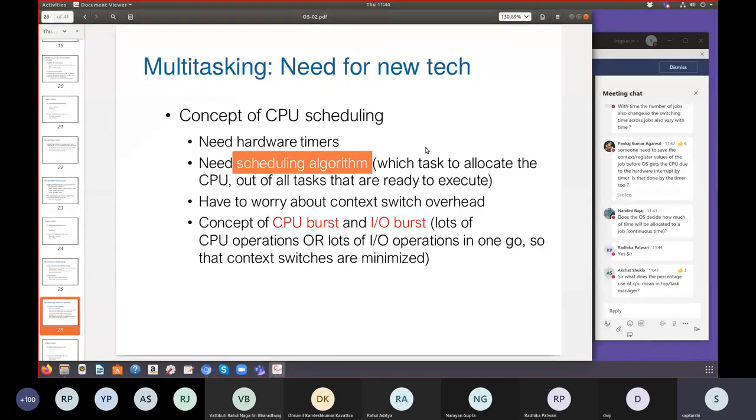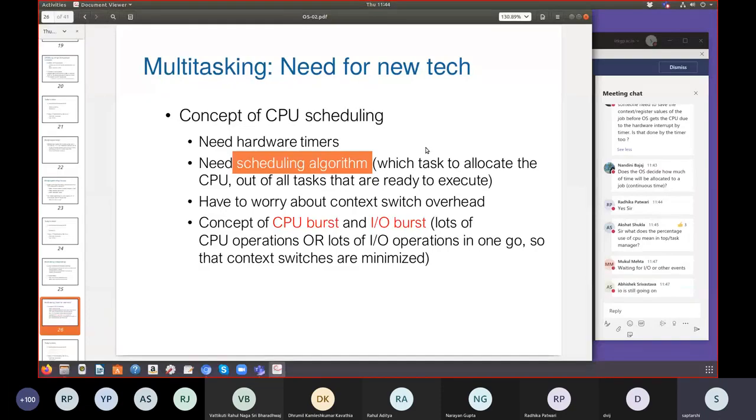It may be that out of those 50, some of the tasks are not ready for the CPU. Why can it happen? Some task is not ready for the CPU yet. Any idea? Any thoughts? Can it happen that there is a job in the system, but that job is not ready for the CPU? Can it happen?